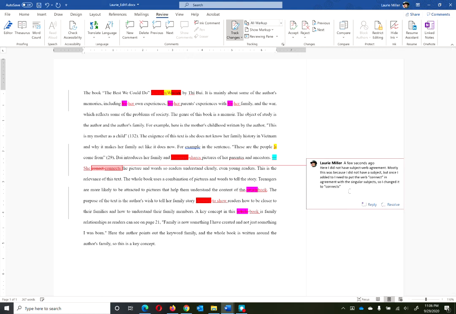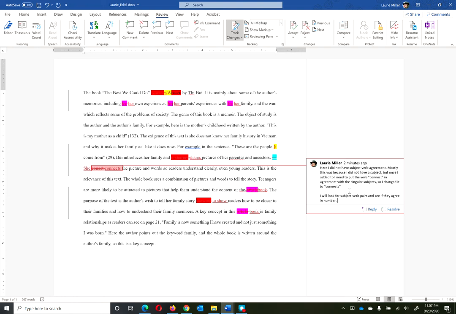Now my second thing, I have to explain how I would avoid it in the future. I will look for subject verb pairs and see if they agree in number.